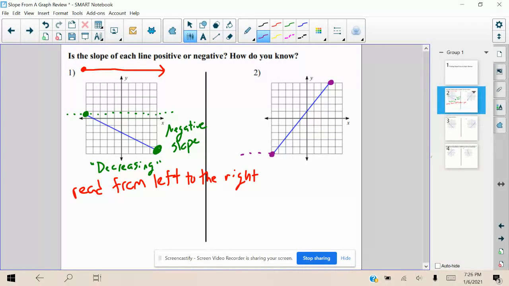Again, as a visual tool, let's say we're looking at this starting line. Is my end point, which is up here, above or below that dotted line? It's above, right? This blue line is going up as we read it from left to right. So this is going to be a positive slope.